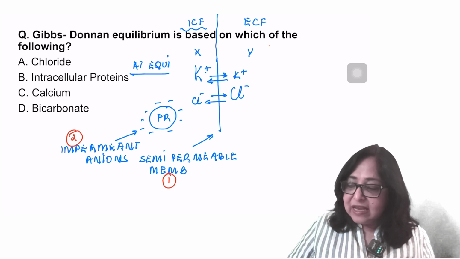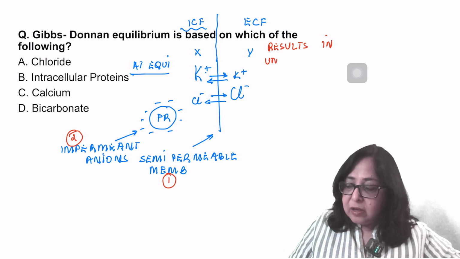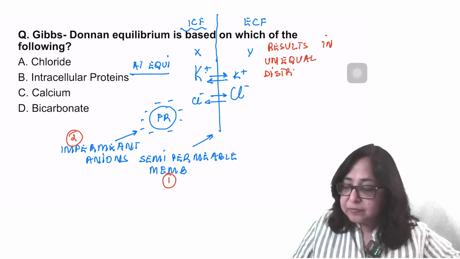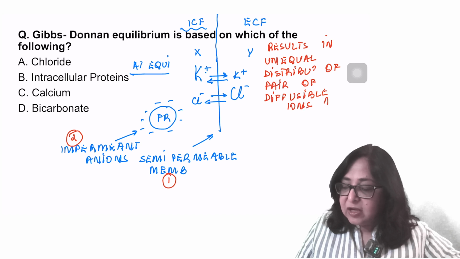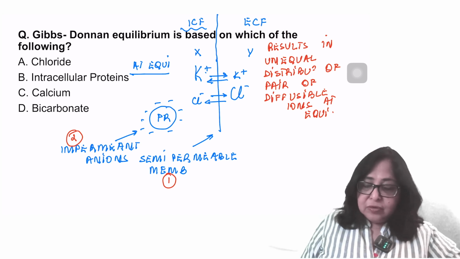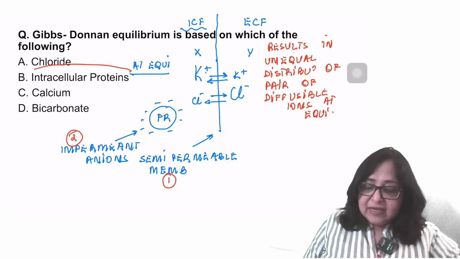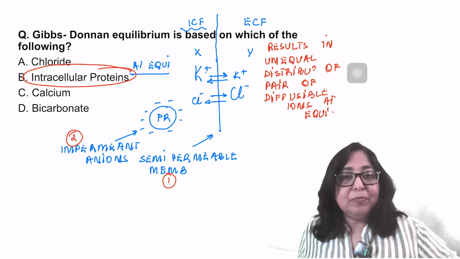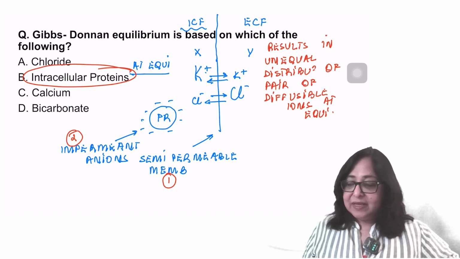It results in an unequal distribution of a pair of diffusible ions at equilibrium. So, the answer to this question becomes very easy. It is going to be intracellular proteins.